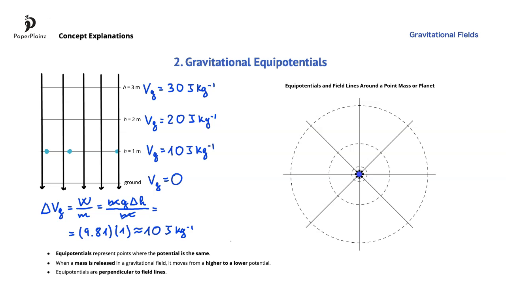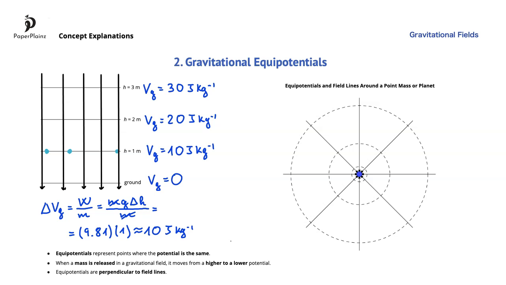This is also the reason why the equipotentials here are not equally spaced. The potential difference between the equipotentials that are shown by the dashed lines is the same, but the distance between the equipotentials increases as we move away from the mass or sphere.